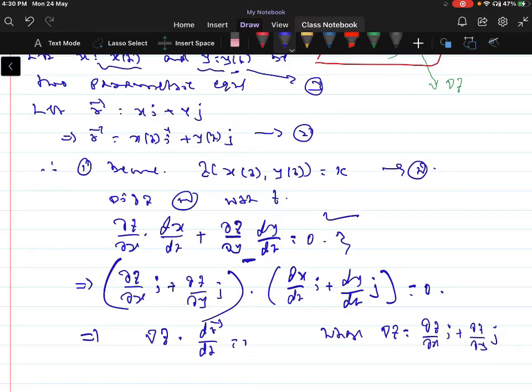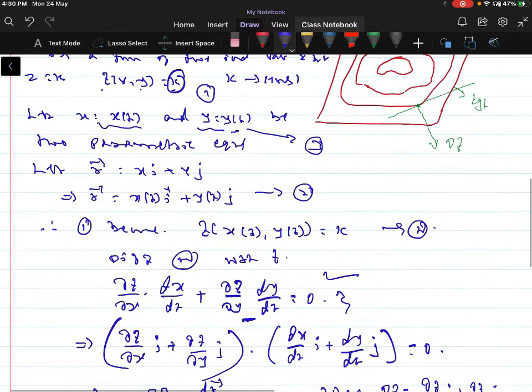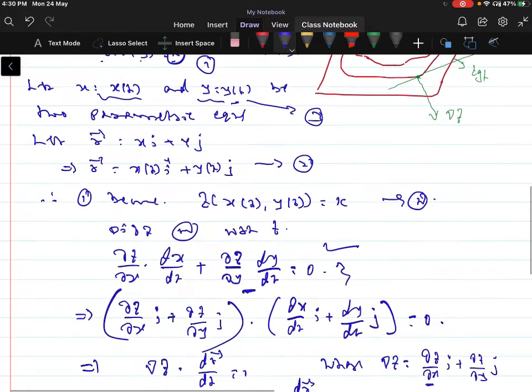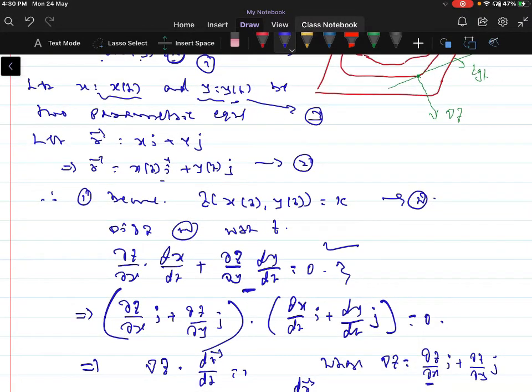This is the gradient of a scalar function f. Similarly, dr/dt, where r is a position vector, that is x of t i cap plus y of t j cap, from equation 2.